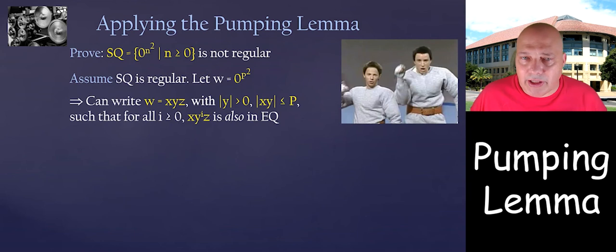And since the pumping lemma holds for it, you can write it as x, y, z, with y being non-empty, xy of length at most p, and for every non-negative integer i, x y to the i z is also in SQ.